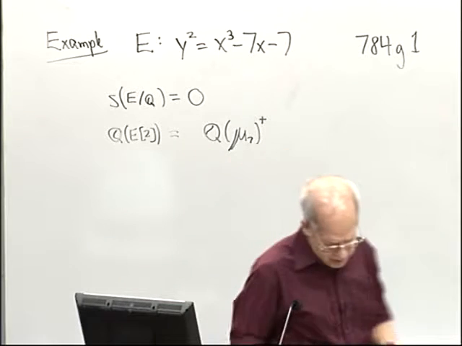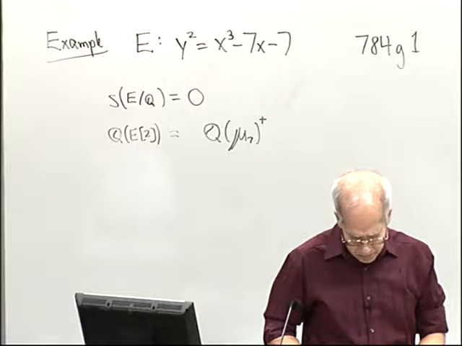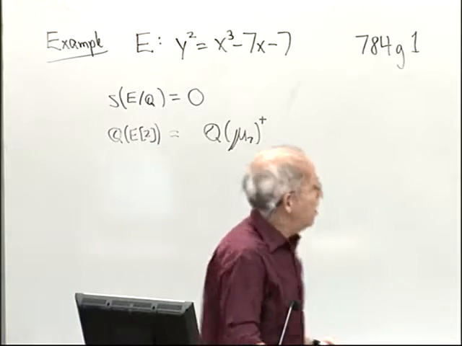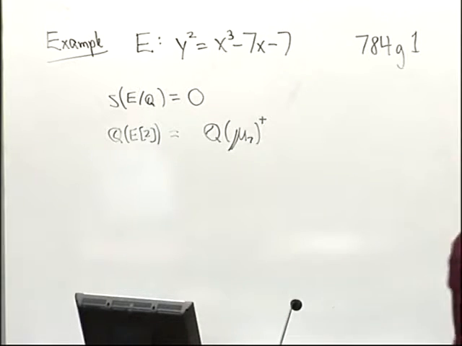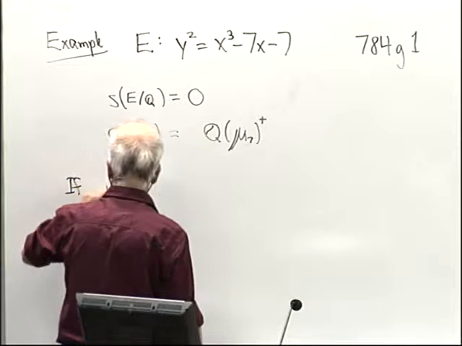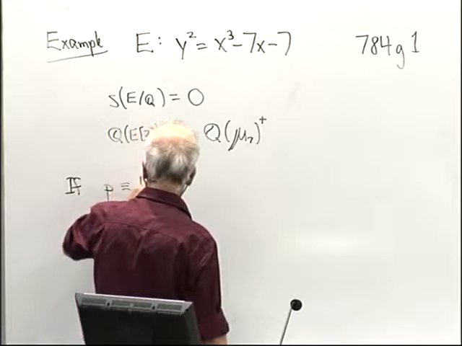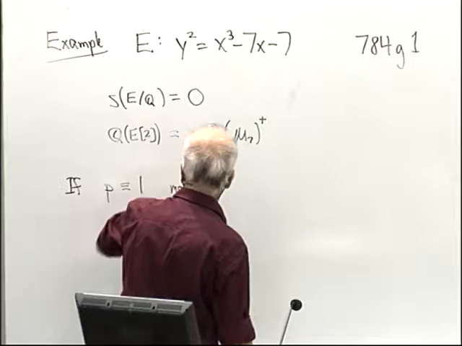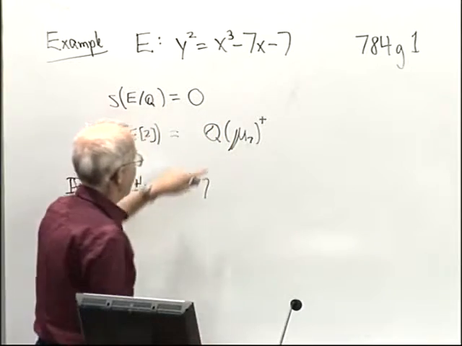What else do I want to say? So, by the way, if our rational prime P is congruent to 1 mod 7, or plus or minus 1 mod 7, then it splits in this field.